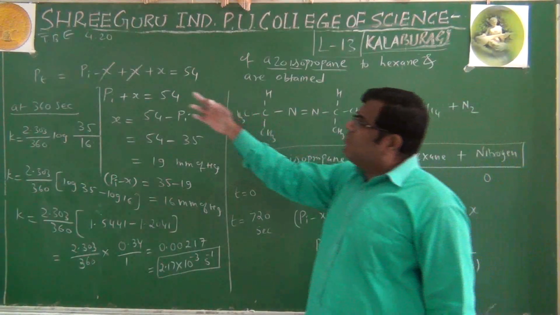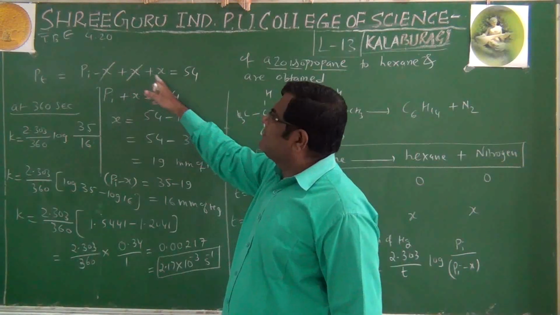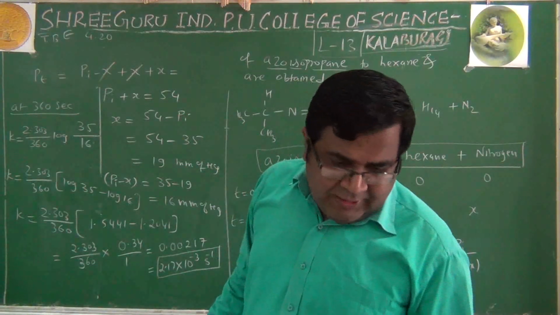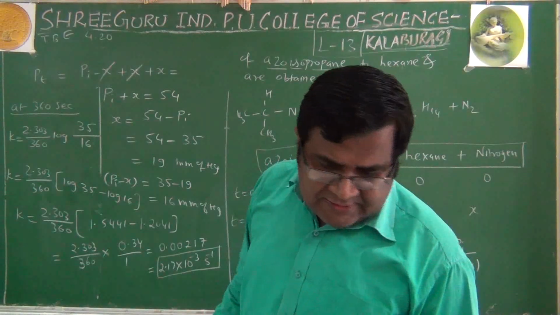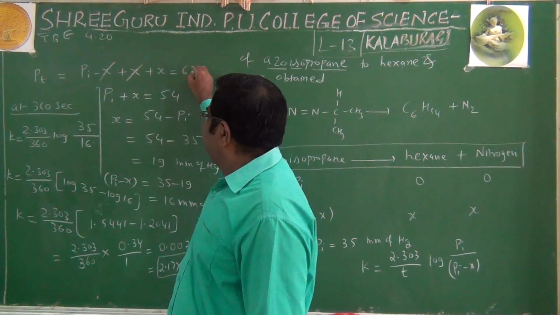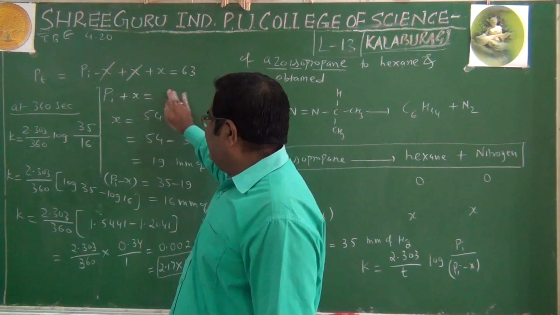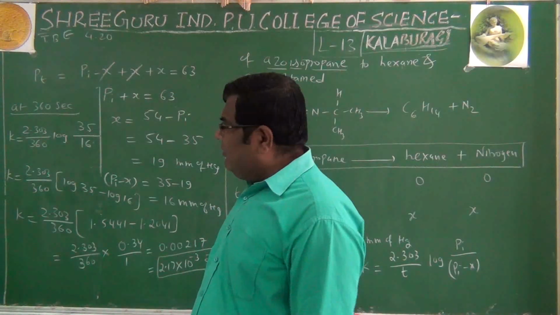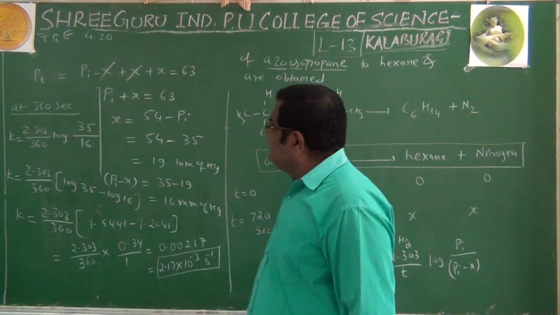So Pt is equal to the same Pi minus x plus x, but this is no more 54 now. At 720 seconds it is 63. So I will write here 63. This we are talking about when time is 720 seconds.